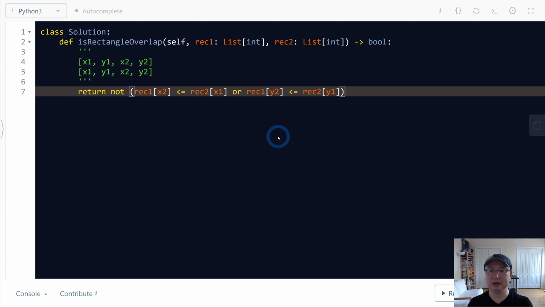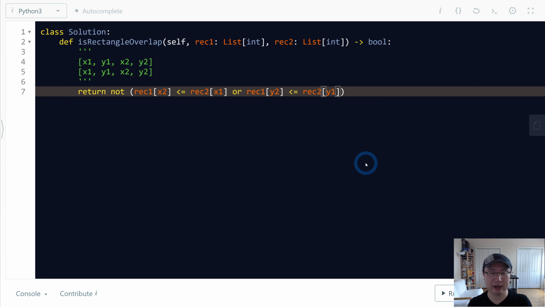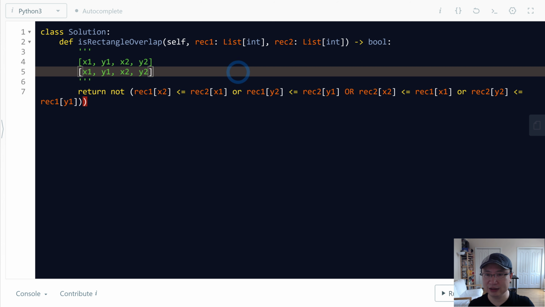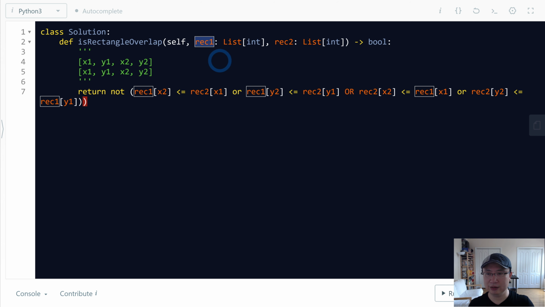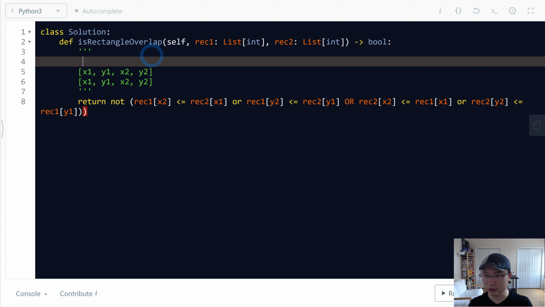We also consider that rectangle 2 is on the left side of rectangle 1. So I will copy this one with or, and change it to rectangle 2 and 1. We receive x1, y1, x2, y2 as an array, so we are able to access these values with the array index.